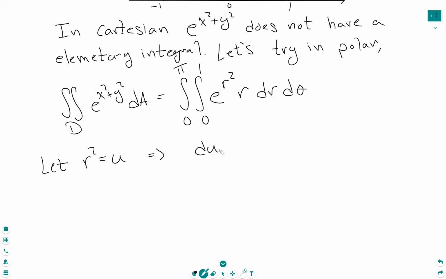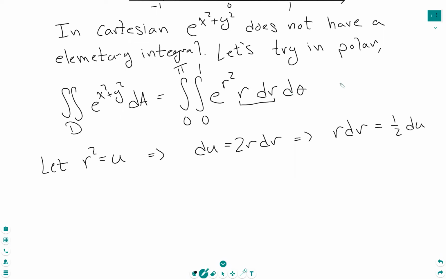So then we have that du is equal to 2r dr, which means that this r dr, the thing that I have right here, is equal to 1/2 du.